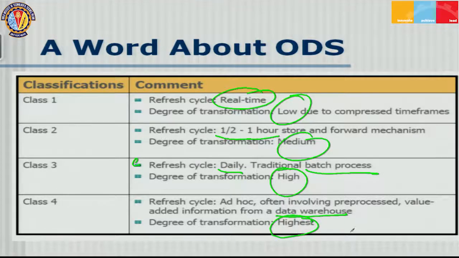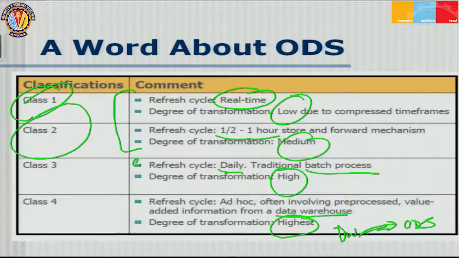And class 4 is different from the other classes, because here the data is enriched in the data warehouse and put in the ODS. So from a real-time database or real-time data warehousing perspective, these two are suitable. So if you are interested only in real-time, then class 1, and if you are interested in near real-time, then we can also talk about class 2, right?